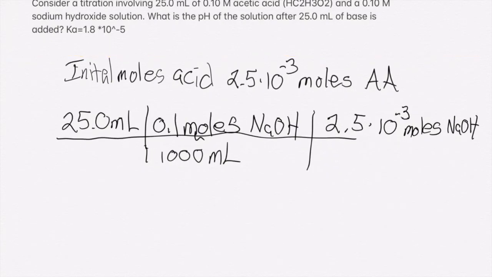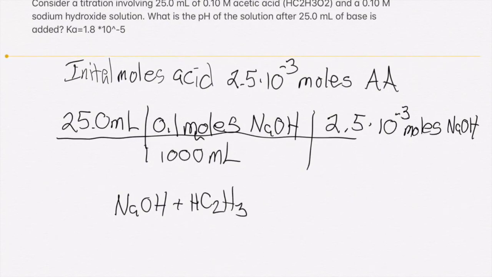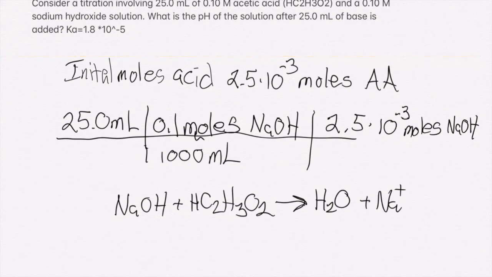Because the titration involved sodium hydroxide reacting with our organic acid, acetic acid, and from the balanced equation we know that it takes one sodium hydroxide to react with one acetic acid, and when we do so we get one acetate ion for every acetic acid we react, or one sodium hydroxide we react.